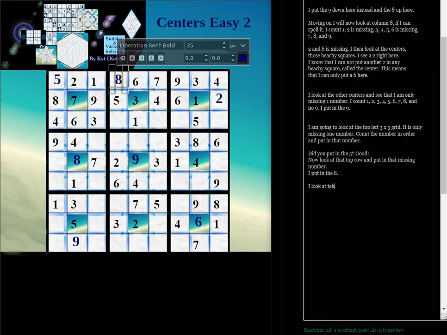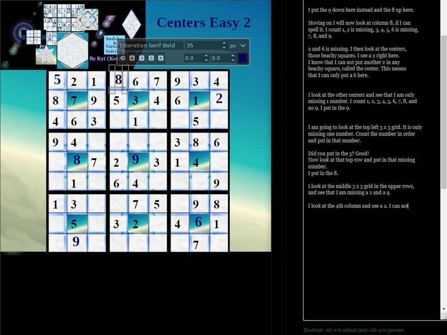I look at the 3 by 3 grid in the upper rows and see that I am missing a 2 and a 9. I look at the fourth column and see a 2.